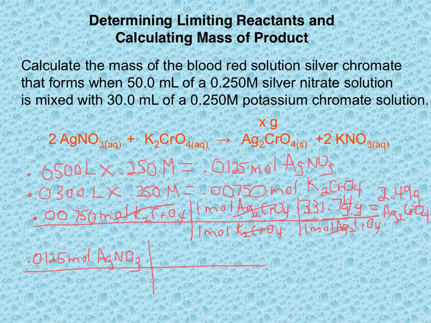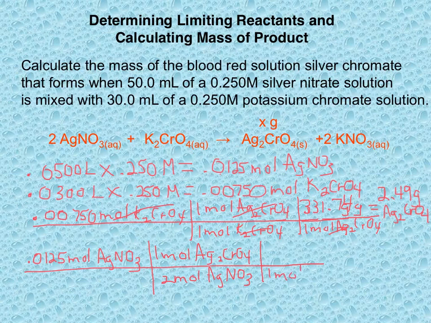So we're going to have 2 moles of the silver nitrate, the given, on the bottom, 1 mole of the silver chromate on the top, the wanted, and then the molar mass again.